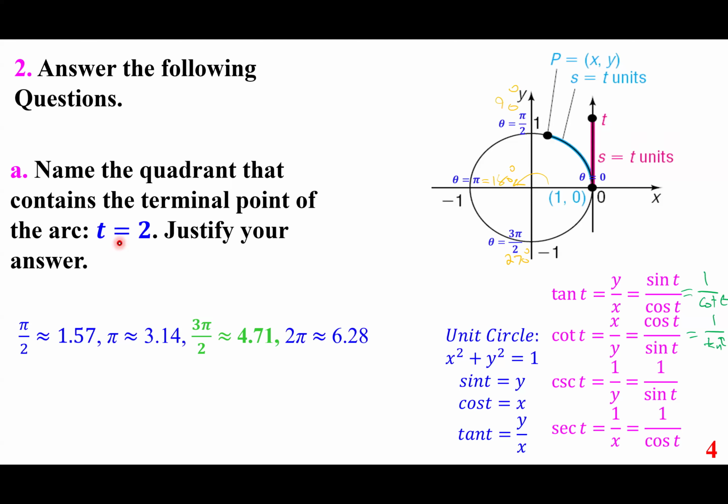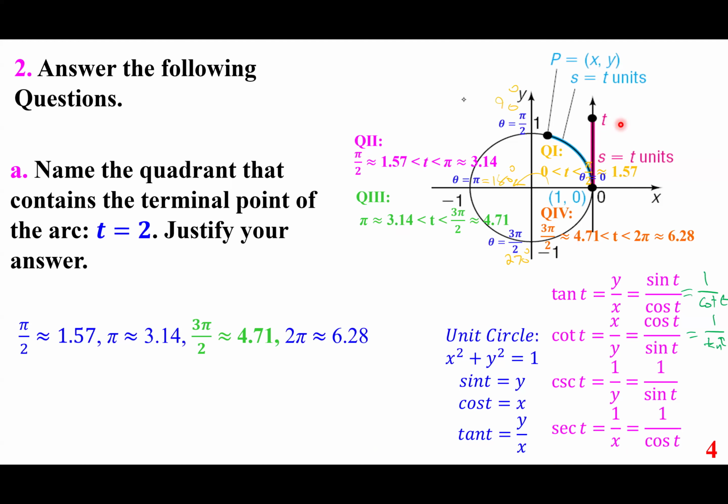Now we are ready to answer the question t equals 2. So t equals 2 is between these two numbers. So here t is between 0 and 1.57. Here between 1.57 and 3.14. Here between 3.14 and 4.71. And finally the fourth quadrant.